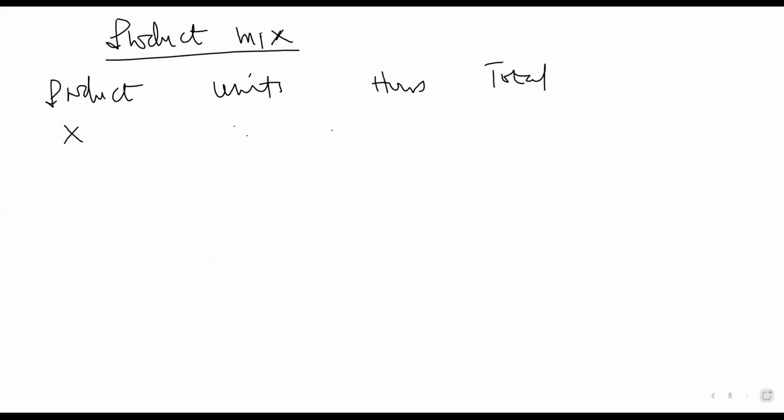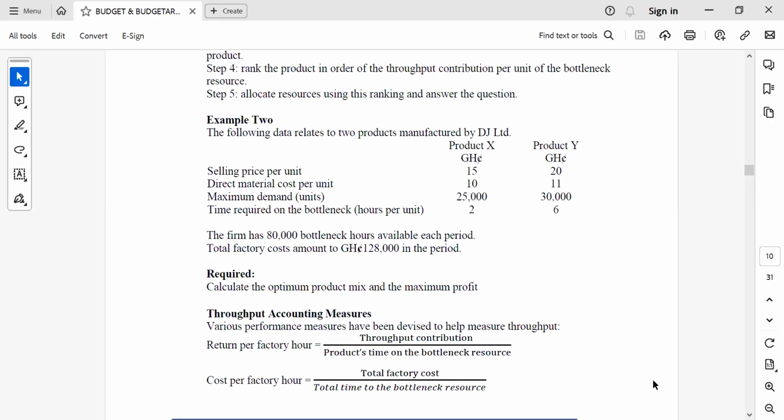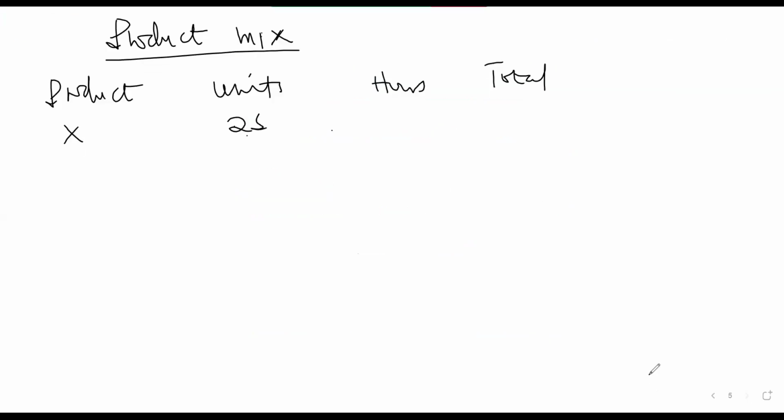How many units of product X are we producing? 25,000. Okay. We are producing 25,000. So how many hours are we using to produce one? 2 hours, isn't it? Okay. So that will give us 50,000 hours.